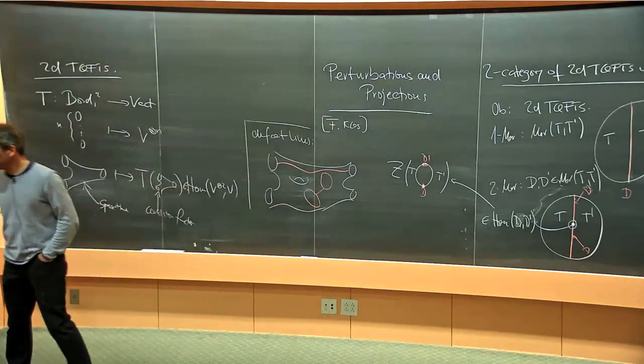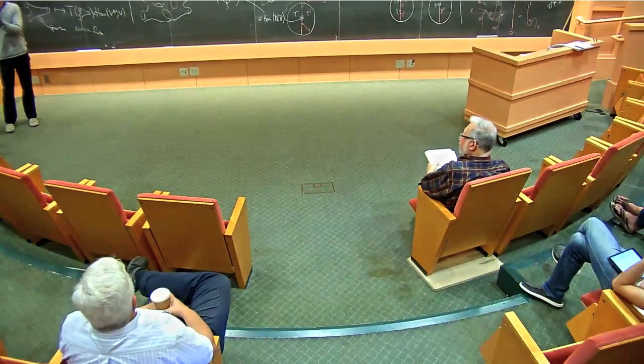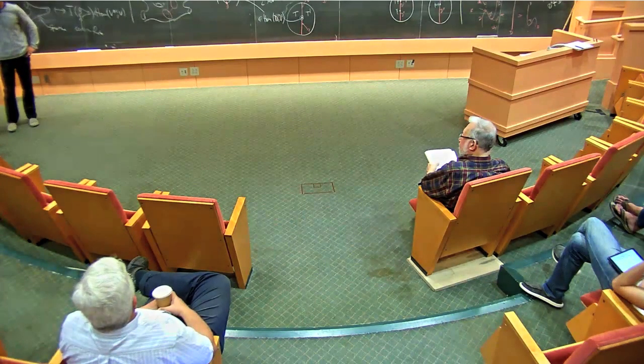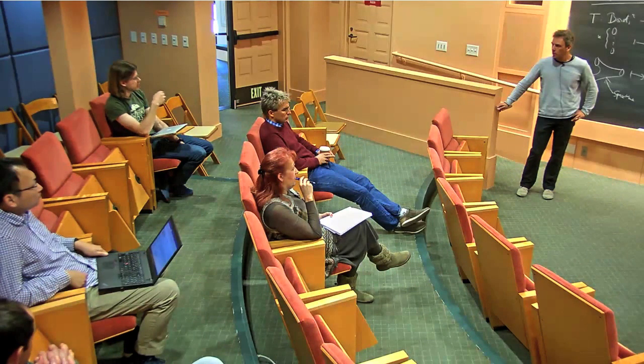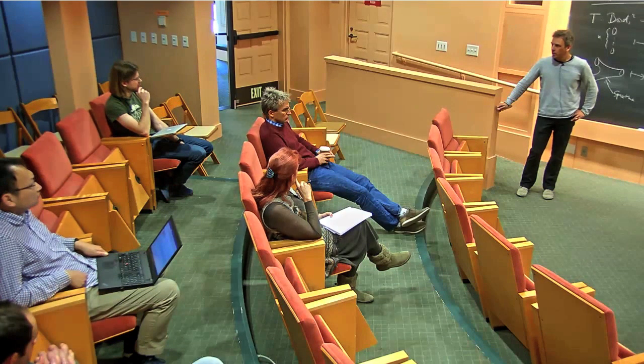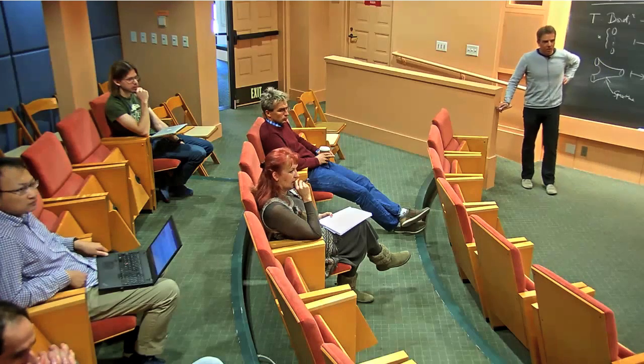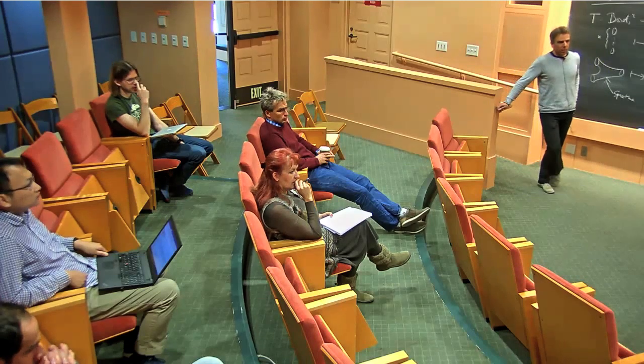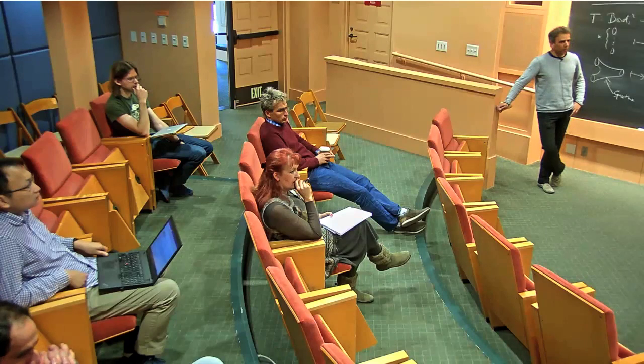Can I, in this two-category construction, understand TQFTs not as ordinary TQFTs, but as extended TQFTs? I think they're already fully extended. You can take one of your T's to be the empty theory, and then you've got boundary conditions. Yes, and so it's already there.